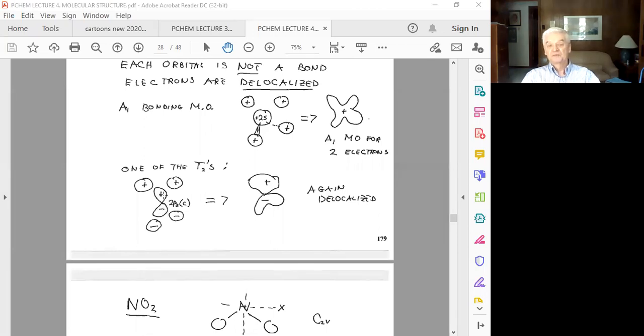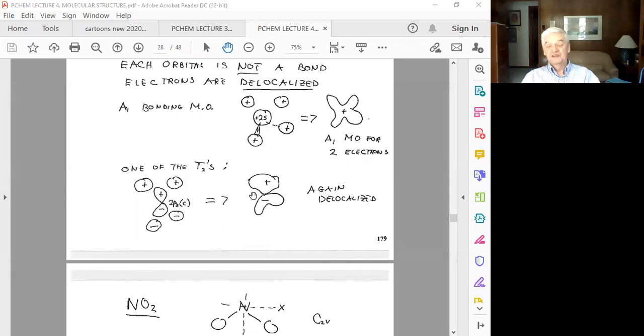Notice if I turn this p orbital here and make it come out of the screen so that the minus orbital is out of the screen to the left and the plus goes to the right, then I would have to have for my molecular system, the hydrogens having a minus sign here and a plus sign here to make the whole business work out.